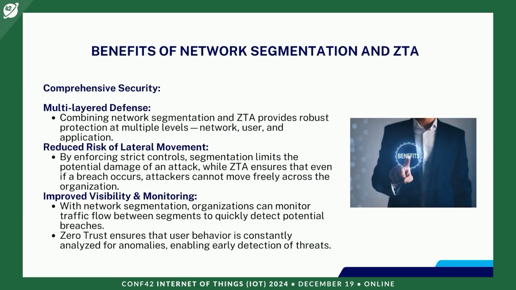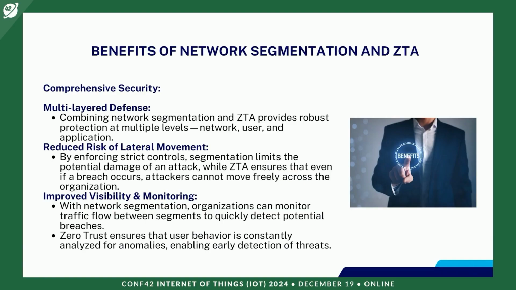Now, one of the benefits of network segmentation and ZTA is that it offers comprehensive security, right? It delivers multi-layer defense. It reduces the risk of lateral movement, meaning your attack is not only happening northbound, but it can also be east-west communication, or internal employees can also present that threat.